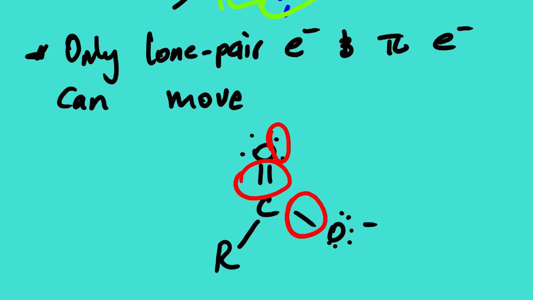So this one, they cannot move, since we can see it's single bonds, this one and this one. So the only electrons which will participate in the resonance are lone pairs and pi bonds. So this is one of the rules that we should also consider when we are drawing resonance structures.